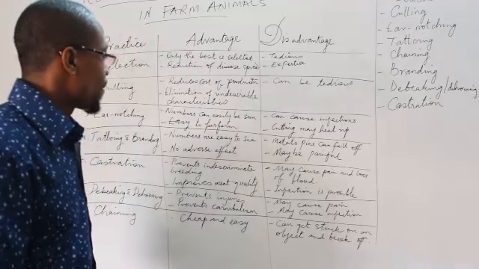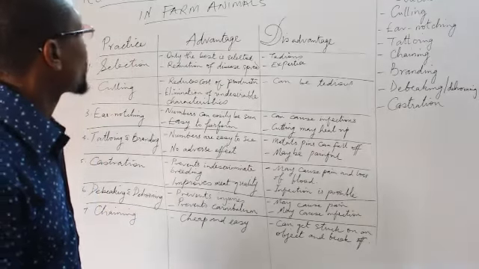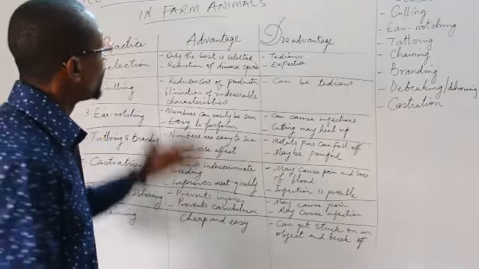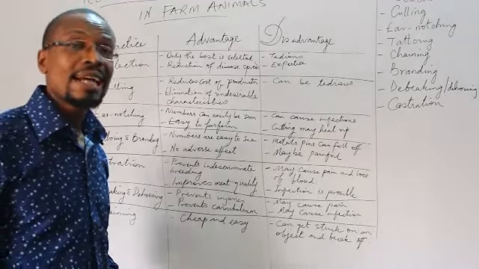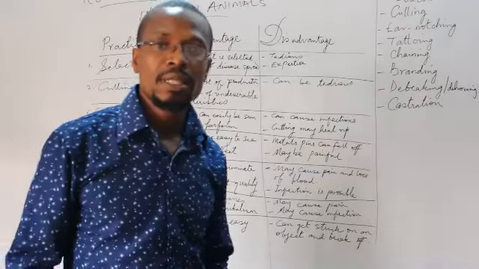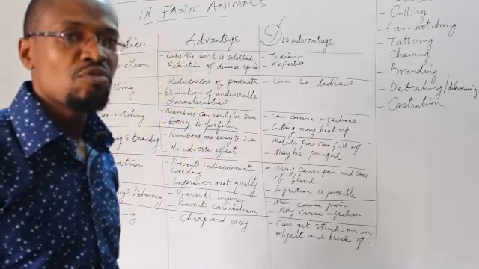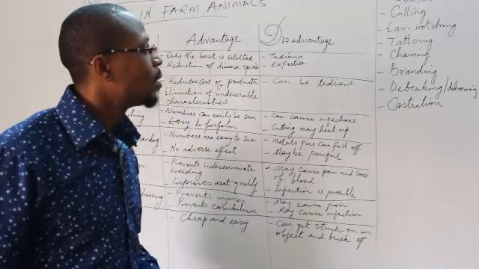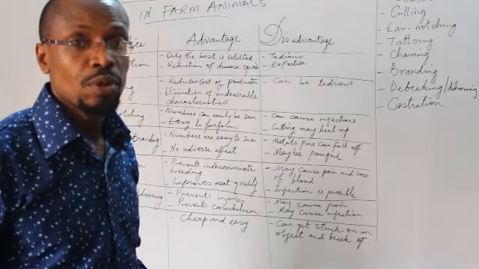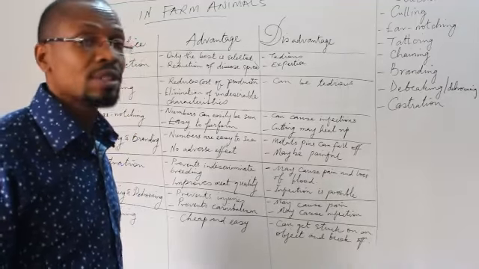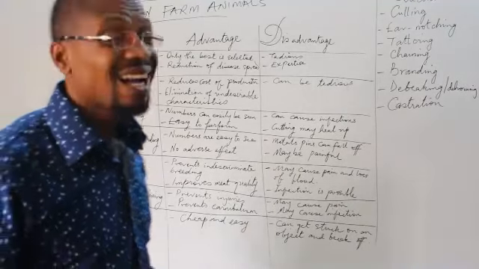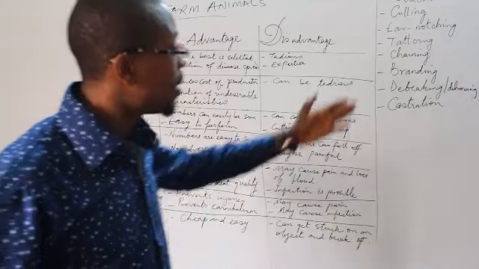Yes, so these are the various practices that the farmer of farm animals will usually carry out in the farm to ensure health, quality, and good production of farm animals, and good accounts.